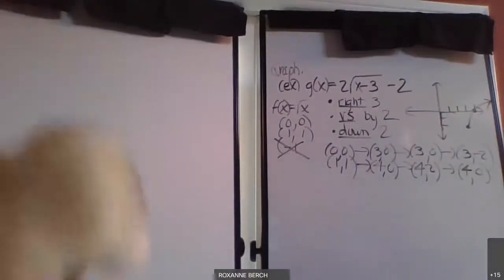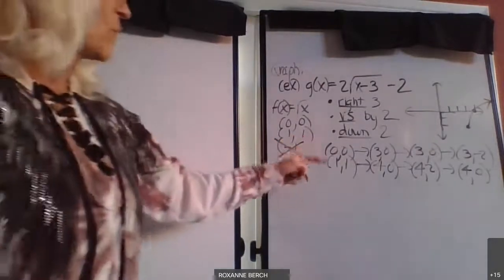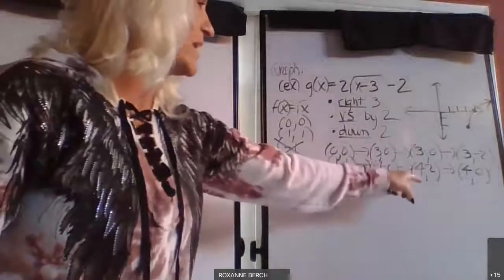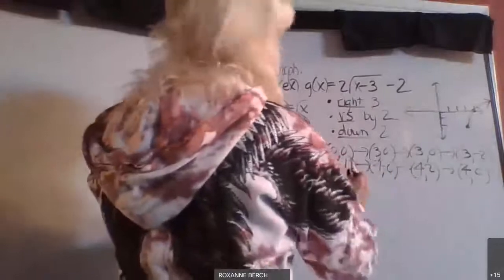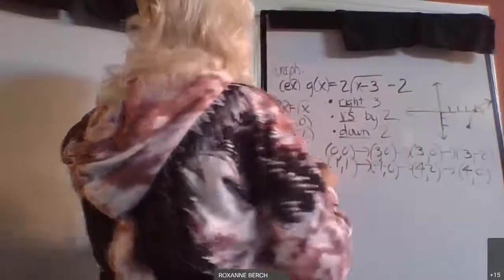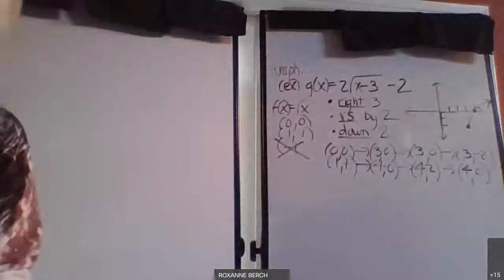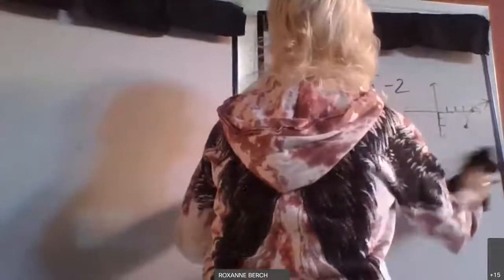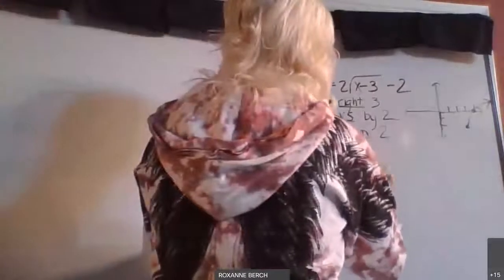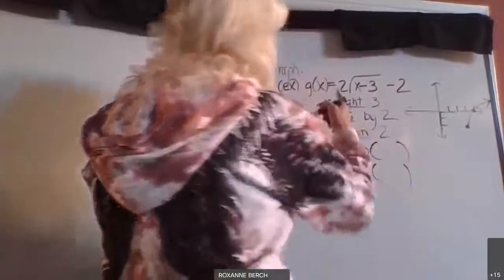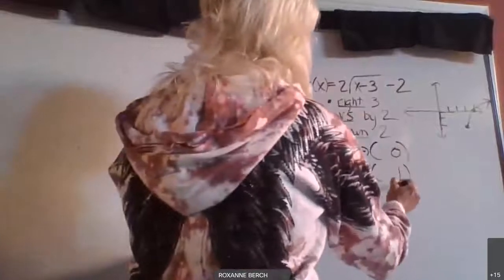Yes. Right 3, vertical stretch by 2. Let's do it again. So 0, 0, trying to rush this because I don't want to teach it. Right 3 means the y stays the same.